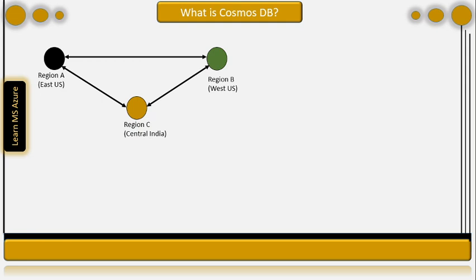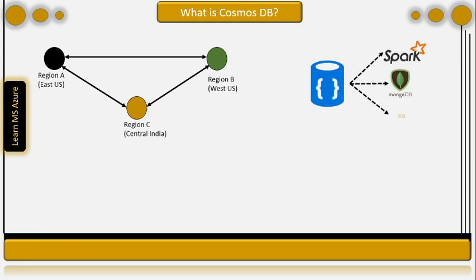Cosmos DB provides you a choice of multiple APIs including SQL, MongoDB, Cassandra, tables, etc. Cosmos DB is a NoSQL data engine, and initially it was called DocumentDB, but now it is called Cosmos DB.